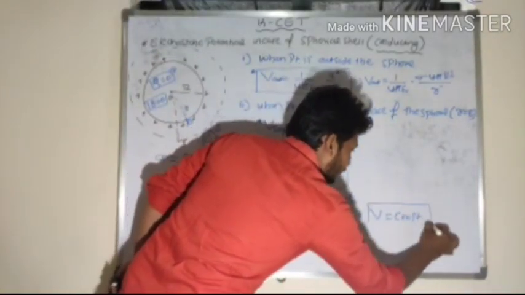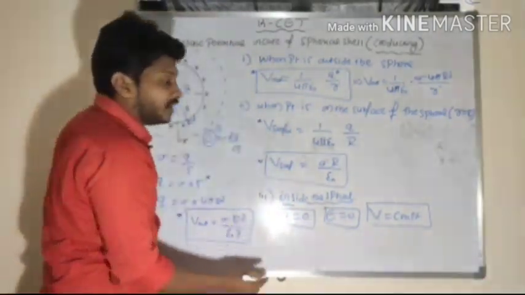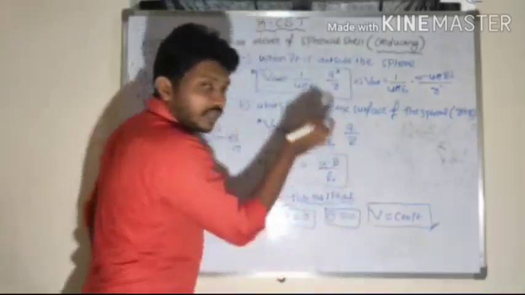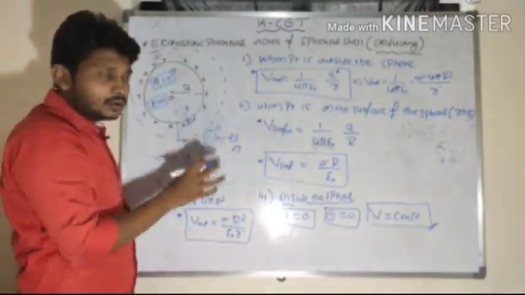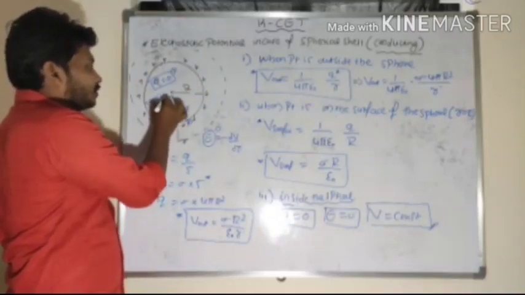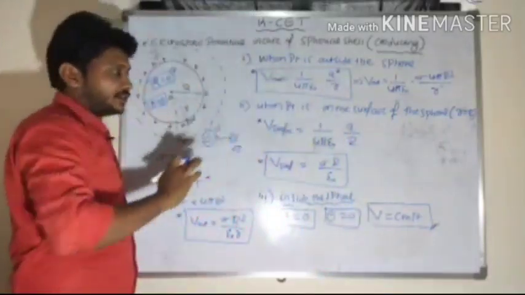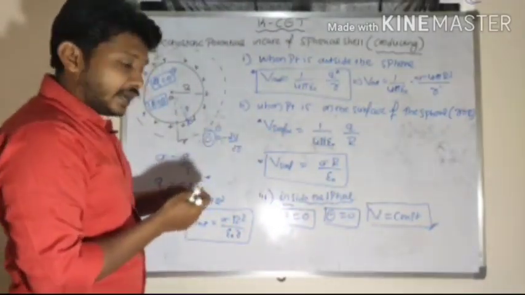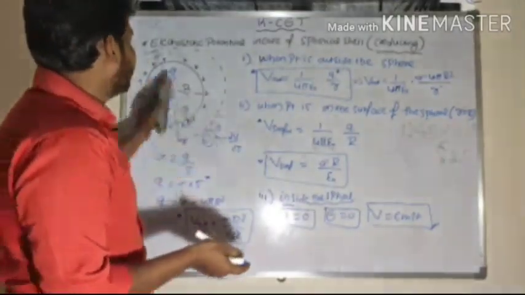What is the value of electrostatic potential inside the sphere? It has a constant value. Did you get my point? In case of the hollow sphere, inside the hollow sphere the field value is 0 but the potential value is constant. From this I need to draw the nature of the graph, potential versus distance.